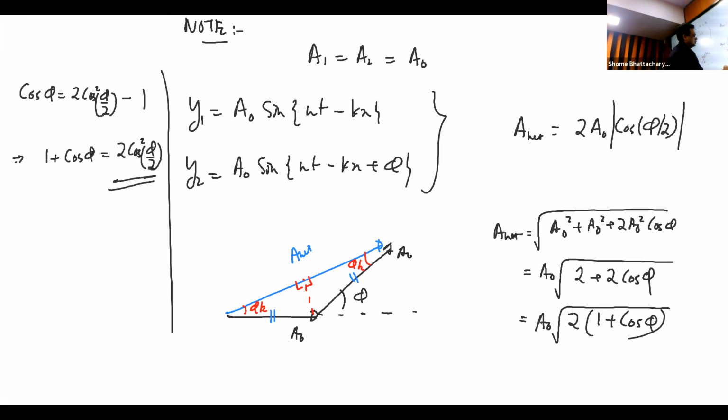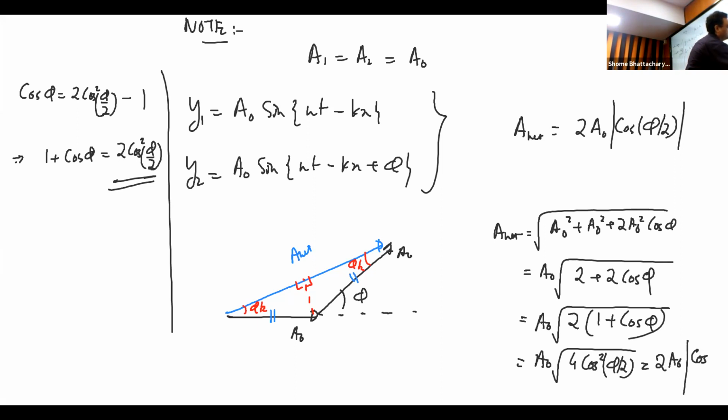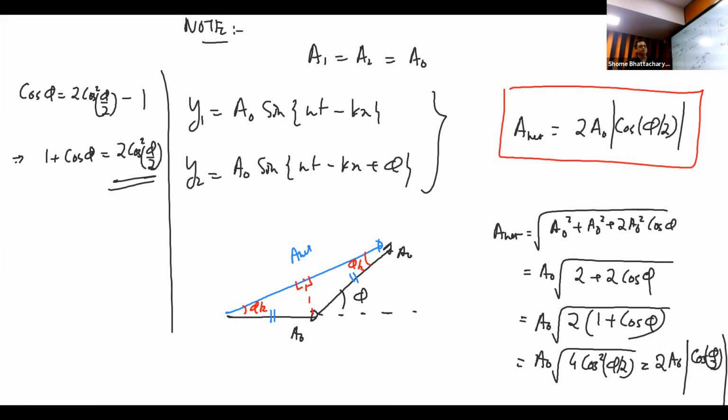So further, and again, there's that concept that you're taking square root of a whole square. So you should get this with a mod finally. This becomes our final formula. Okay, so this is a useful special case formula to remember when you're dealing with waves of equal amplitude.